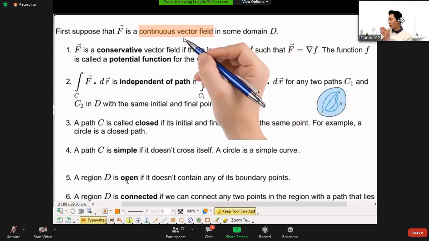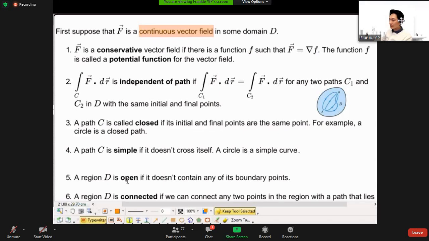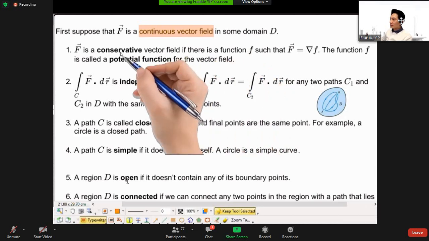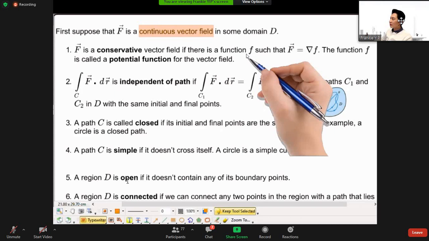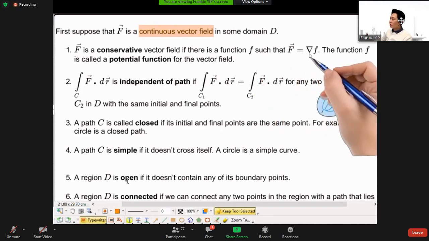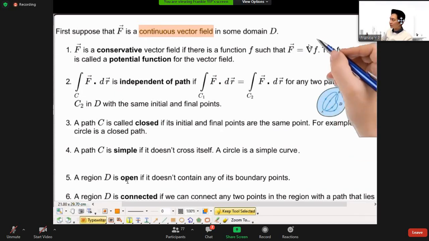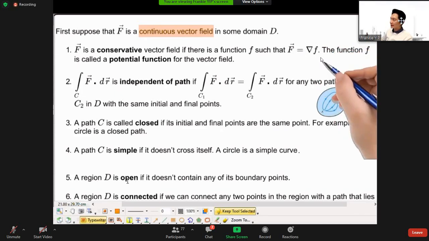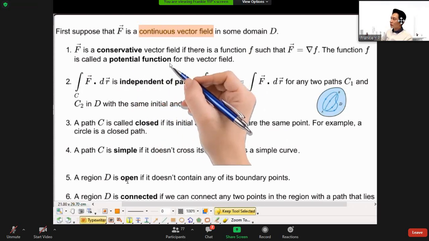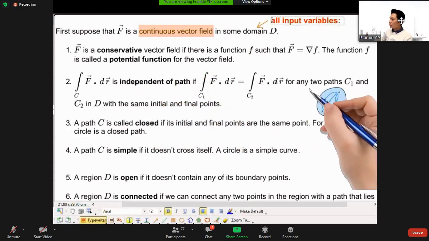That means this vector moves continuously. Next, F is a conservative vector field if there is a function, small f, such that capital F equals del f. Do you still remember del f? Del f is the gradient of f. So f is called the potential function.